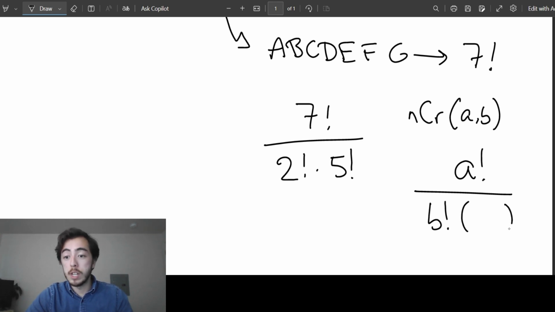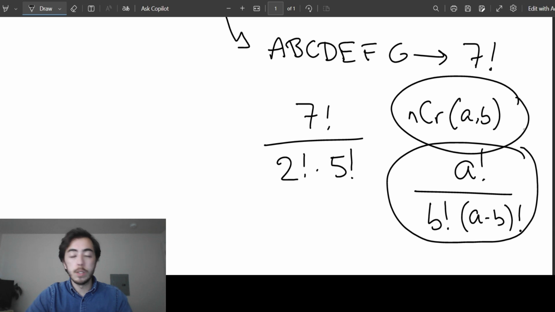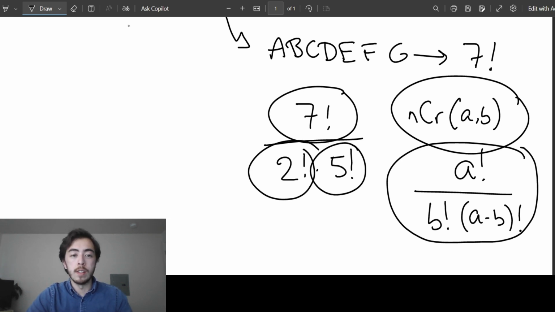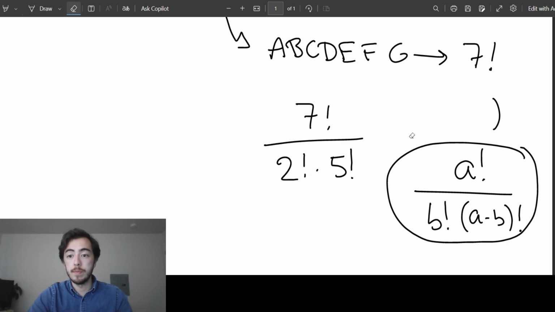And so for my general notation, I could go a minus b, and then hit that with a factorial. And so this is the general formula for the choose function. And it comes from the idea of first scrambling all of your options and then dividing out things that are indistinct from each other. And so this number right here actually is our answer for today.